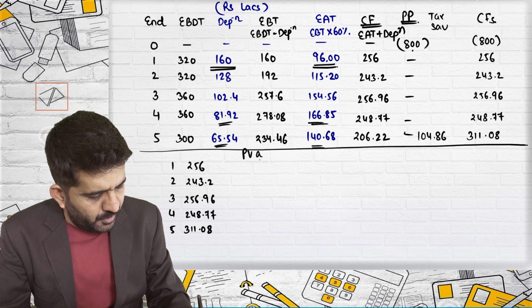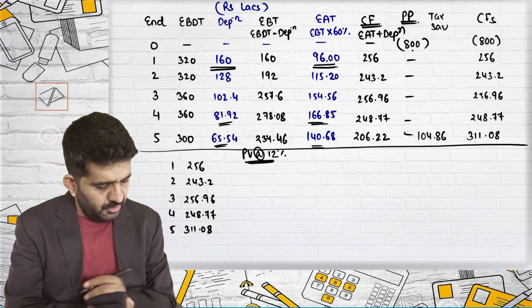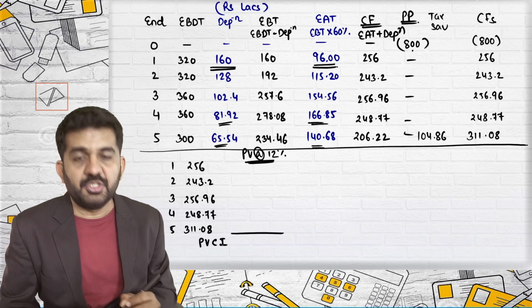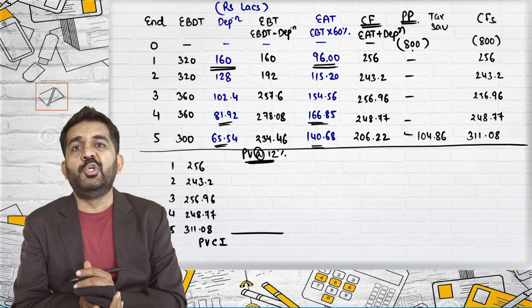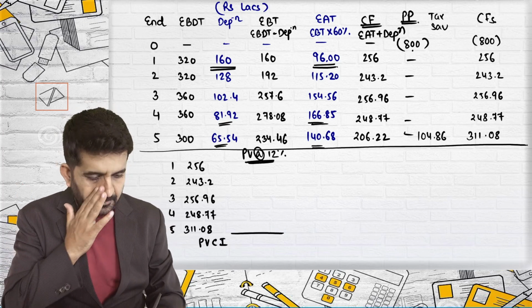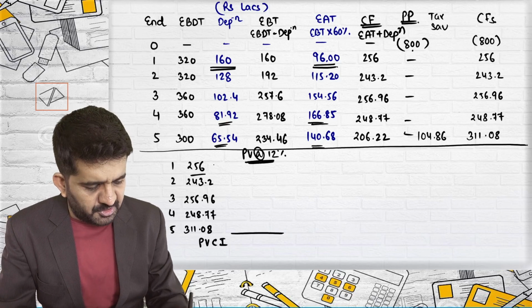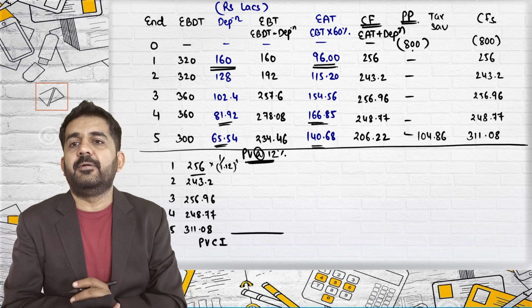Present value at the rate of 12%. You need to find out present value of cash inflow. Please all of you concentrate. I am giving you a new method of solving the present value question. What we normally do to find out present value of the first year is multiply by 1 divided by 1.12 raised to 1.